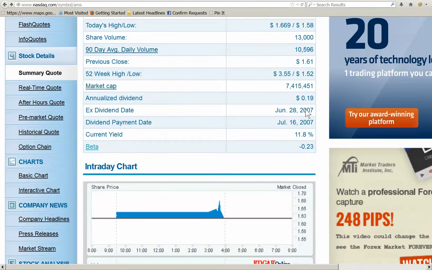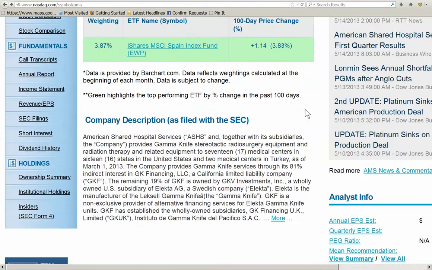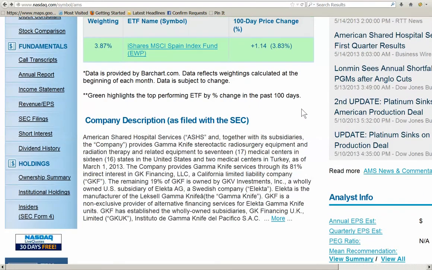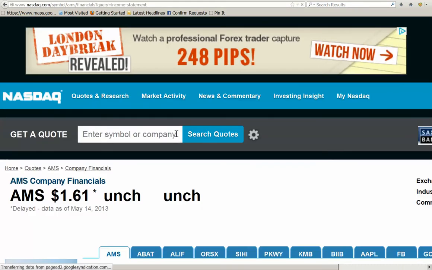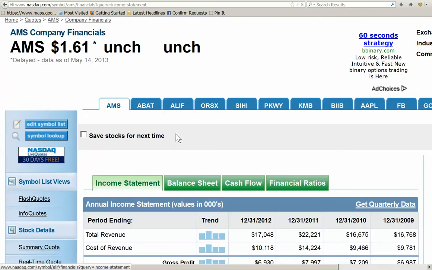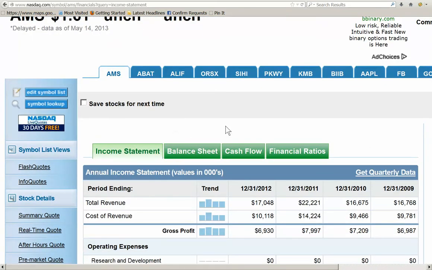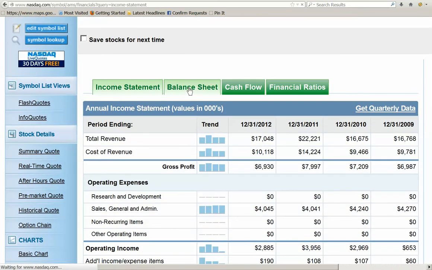Okay, so that's just general information. What I'm particularly interested in is coming down and clicking on this income statement button. Now it actually shows you a summary of all the financial statements, but let's have a look at income statement. Scroll down, and what we're actually interested in is the balance sheet. So click on balance sheet.